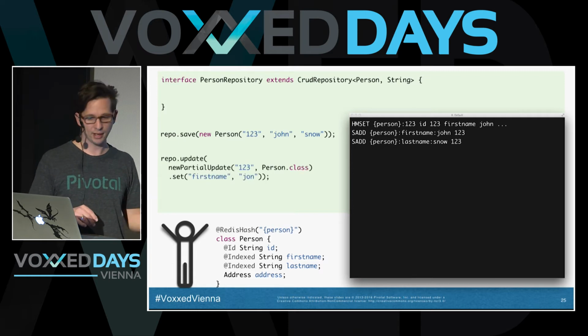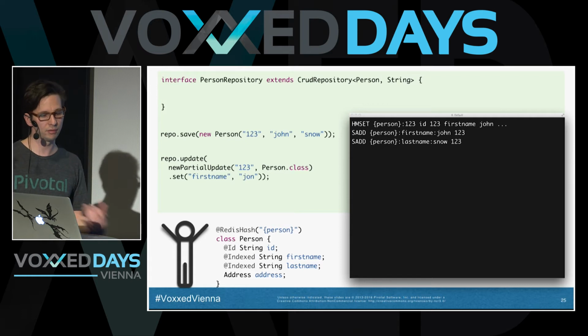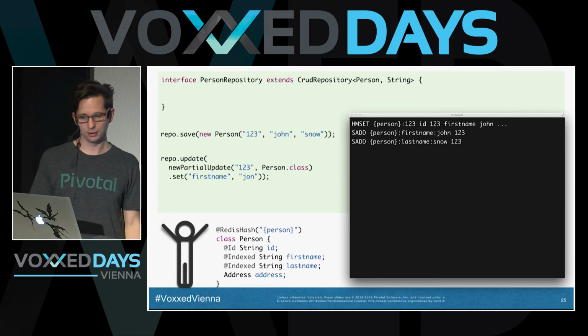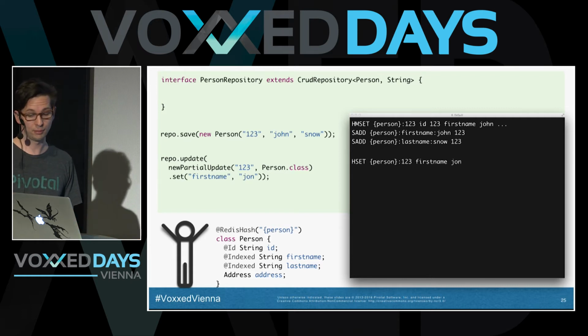It can also handle something called partial update, so you can call repository update, give it a partial update that sets the first name, because you had a typo in there. And what this does is detect that there is an index on that first name.